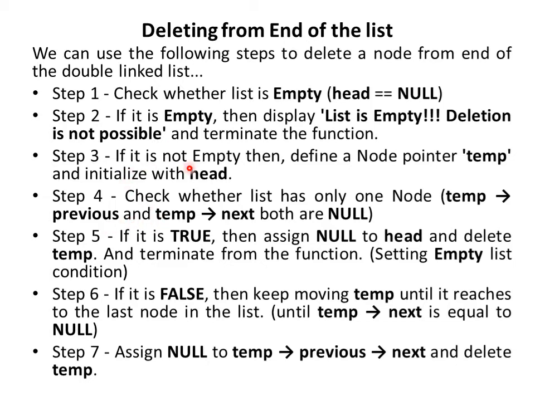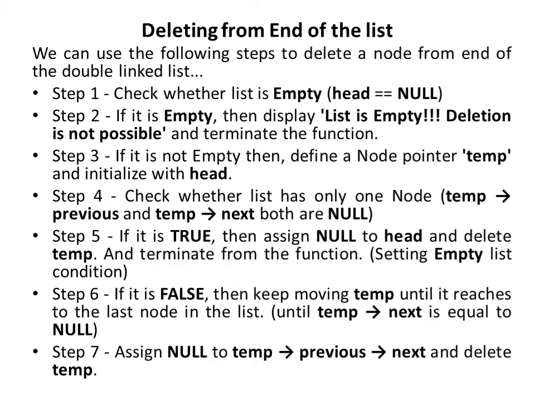Next step: if it is not empty, then define temp and initialize it with head, same as what we did previously. Then check whether the list has only one node: temp of previous and temp of next both are null. If the condition is true, it will assign null to head, delete temp, and terminate the function.